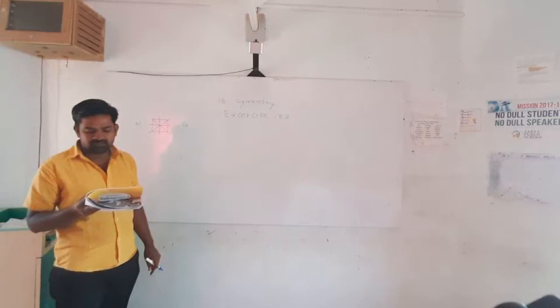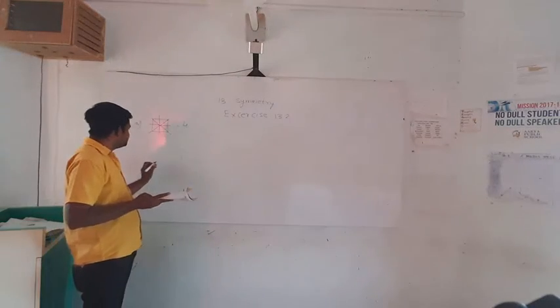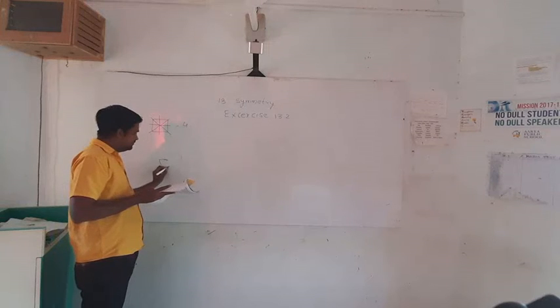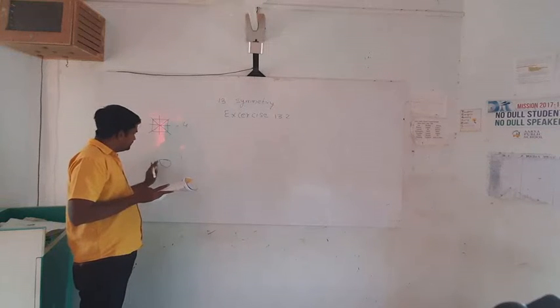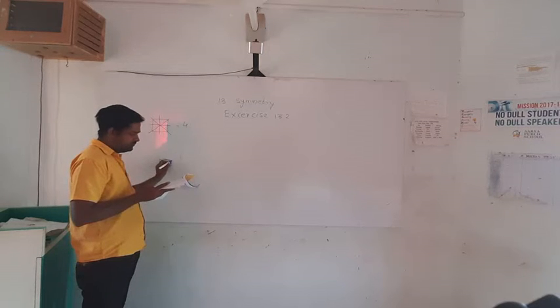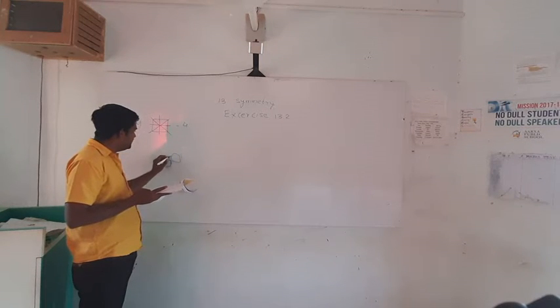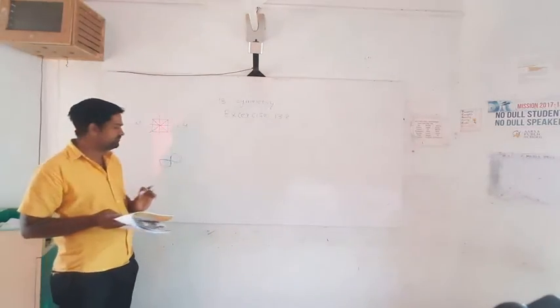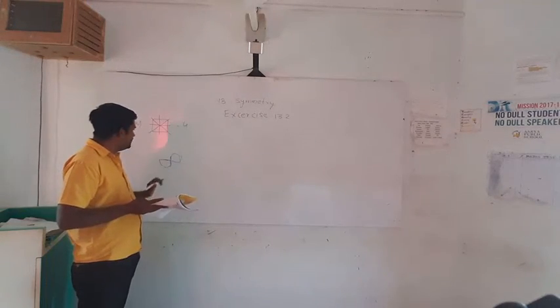Now the next shape is given differently. We want to find how many lines of symmetry it has. These both parts are not the same, these both parts are not equal.